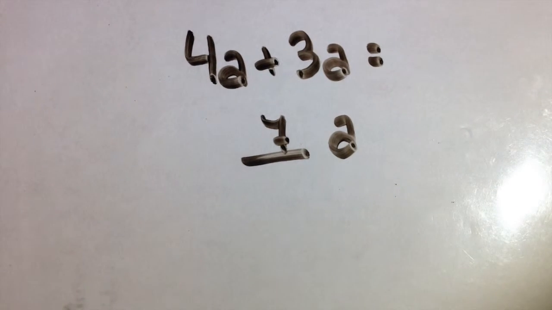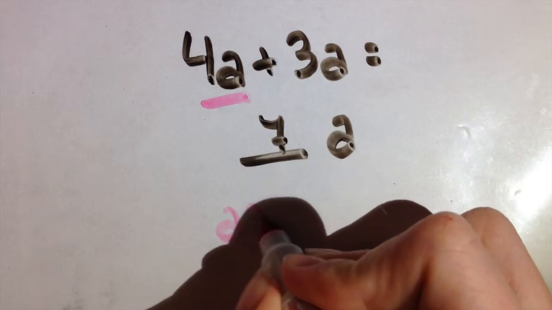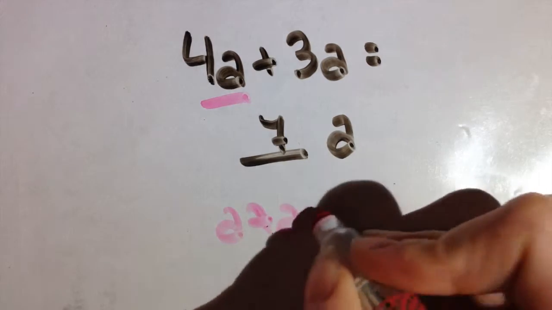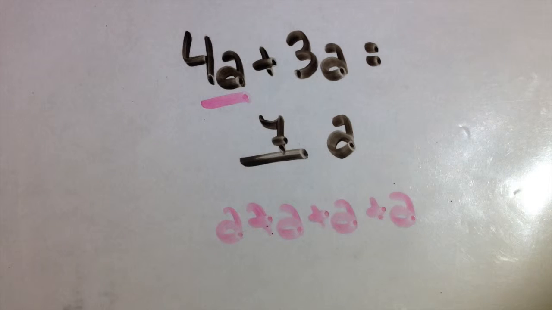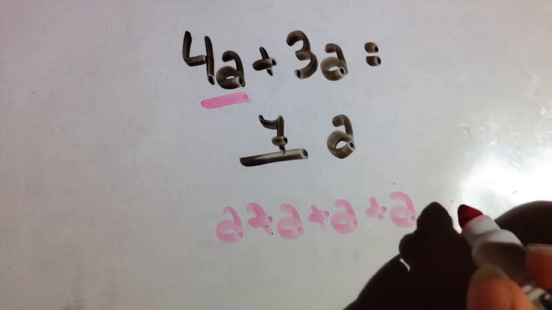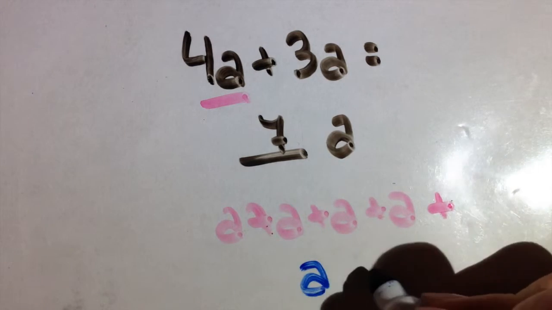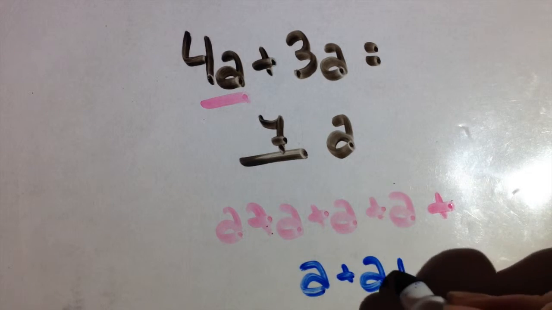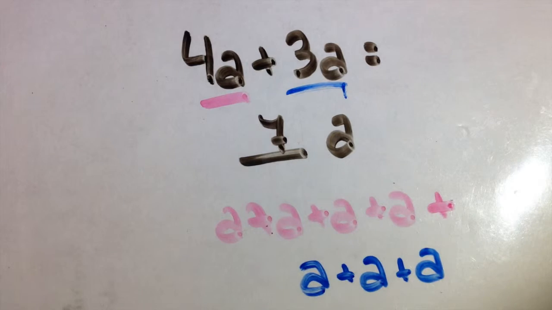For this, it's as if you're taking those 4 A's and doing A plus A plus A plus A, and then taking those 3 A's, I'm going to do it in a different color, and doing A plus A plus A. It would give you a total of 7 A's.